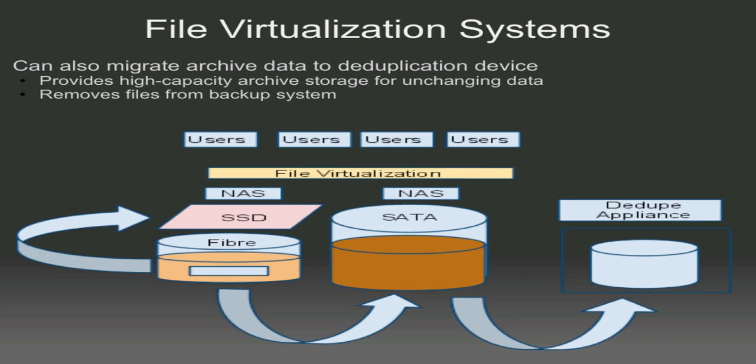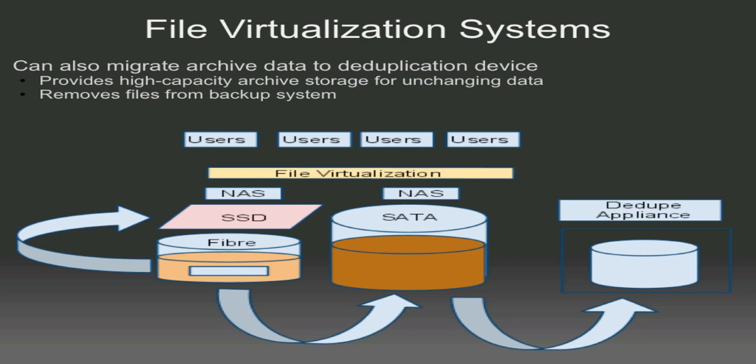One of the big things that I talked about in the last video was that this is not a global file system, that one of the things that this can do is migrate across manufacturers' tiers of storage and not just the manufacturer themselves. So in this case, you can see here I've got two NAS heads and a dedupe appliance, and I'm actually moving data between the three boxes as well as up and down tiers.